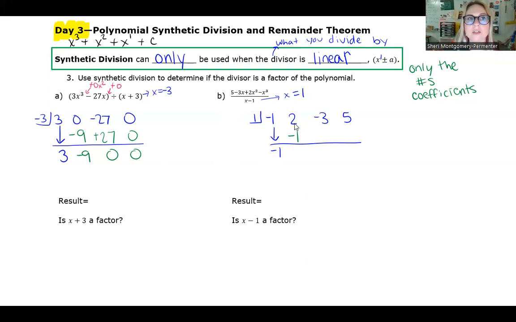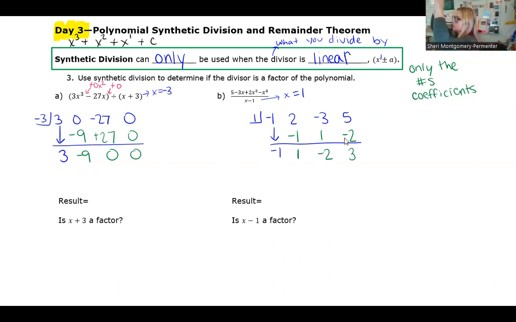Now I add: 2 minus 1 is 1. 1 times 1 is 1. -3 plus 1 is -2. -2 times 1 is -2. 5 minus 2 is 3.